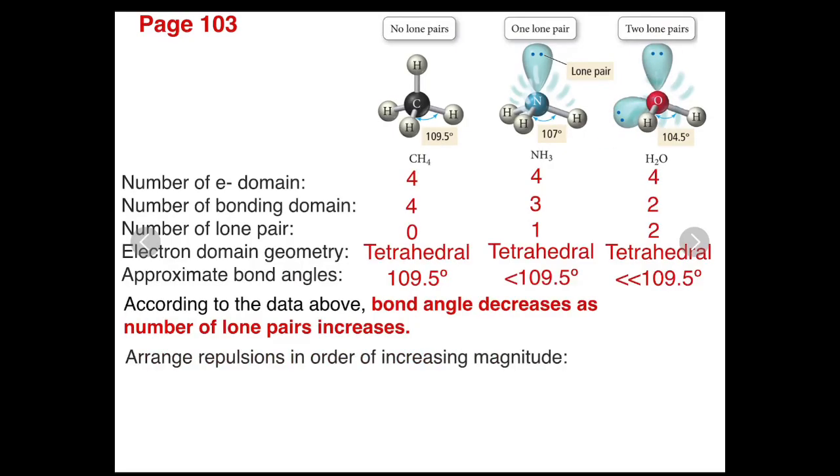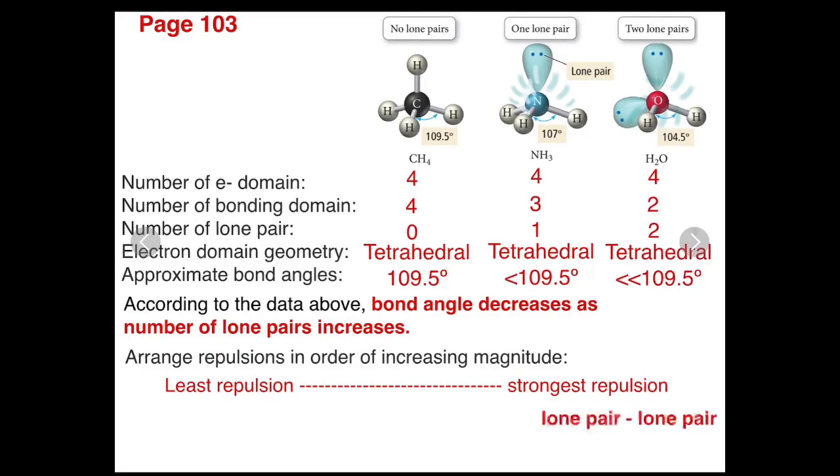Okay, the reason for this is because the magnitude of the repulsion is not the same. The repulsion goes from least to strongest, and the strongest is when you have lone pair and lone pair.